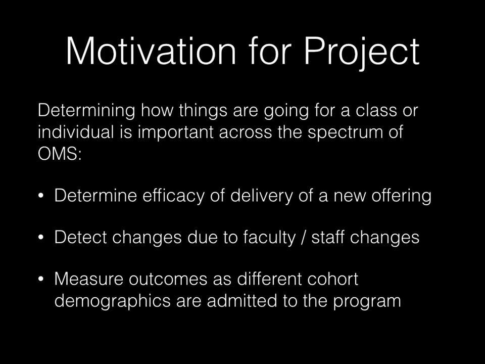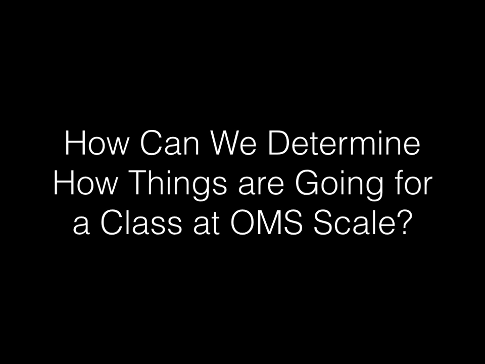And finally, you want to be able to measure the outcomes as new cohort demographics are admitted to the program, people with less of a computer science background. As more and more join the program, it will be important to be able to measure in general how it's going for folks. So how can we determine how things are going for a class that's at the OMS scale?